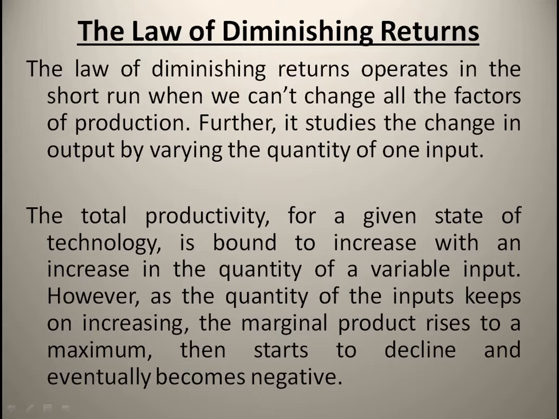That shows that whenever you're increasing the quantity of a variable input, the marginal product, the additional product of that output, will become maximum, and then it starts to decline, and eventually if you prolong it for a longer time it becomes negative. That is the gist of the law of diminishing returns.